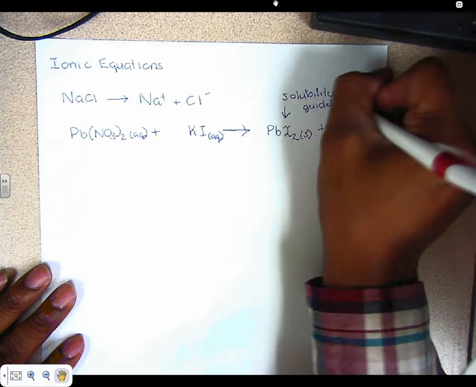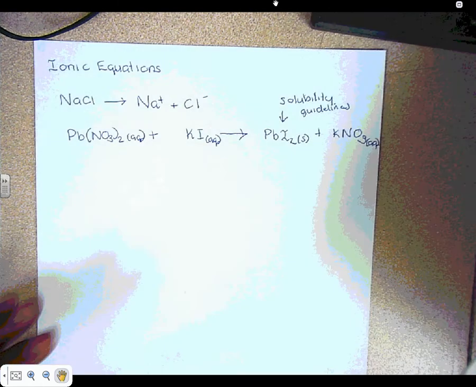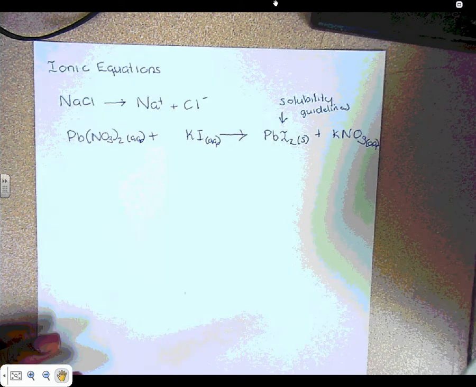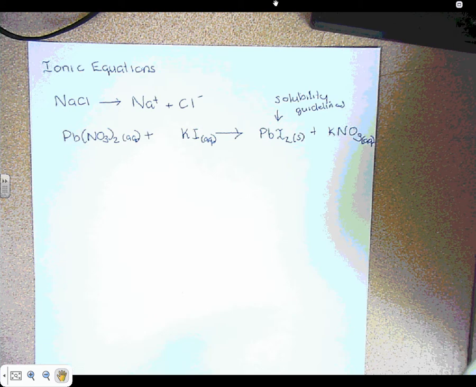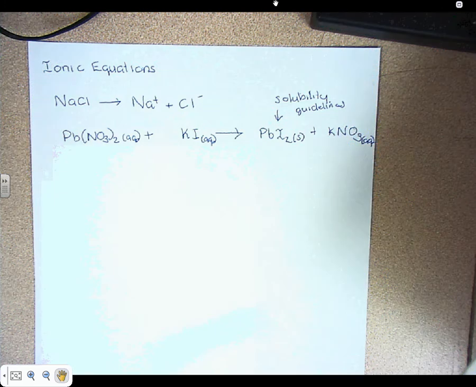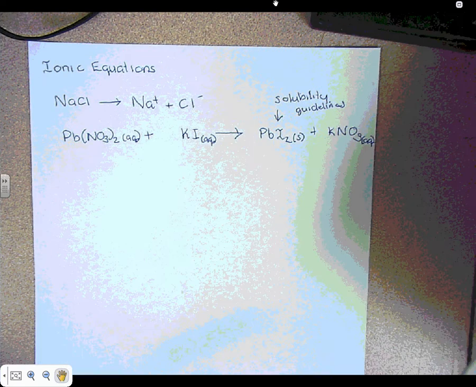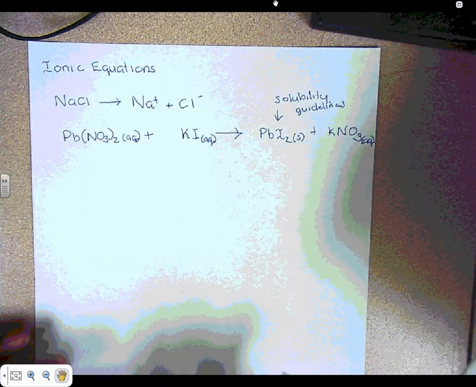And you need to know those solubility guidelines, which is why you would benefit from reviewing those rules if you're not familiar with them. Knowing that information, we're now going to break it down into what's called its complete ionic equation, where we're looking at how it breaks down if it's soluble, and if it's not soluble, how they tend to stay together in solution.